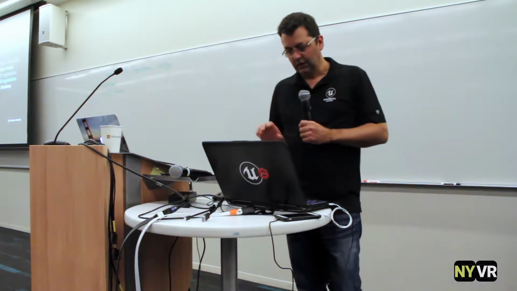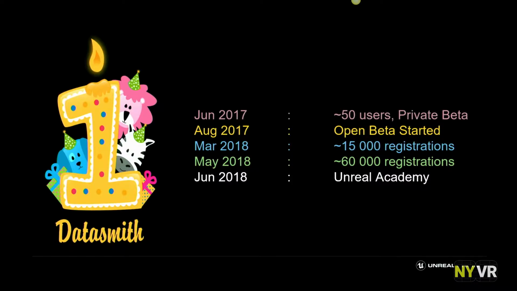So just to give you an overview of where we are, a year ago, we started with about 50 users in a private Discord chat to test our technology. And today, we're at around 60,000 registrations of our tech. So this means that architects seem to love it, and people who do design work also.